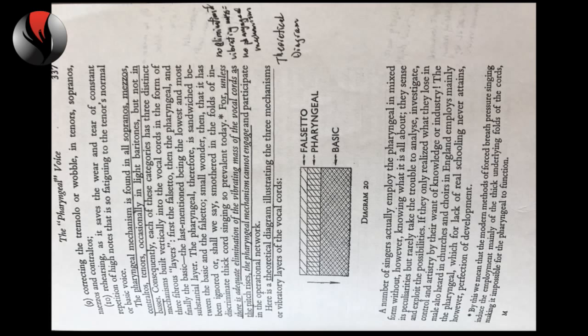So you'll notice on the diagram there's a falsetto layer, a pharyngeal layer, and a basic layer. Now just keep that in mind as I try and illustrate that. If you take the vocal folds, the vocal cords, and let's just say this is how they work from bottom to top, they're vibrating.